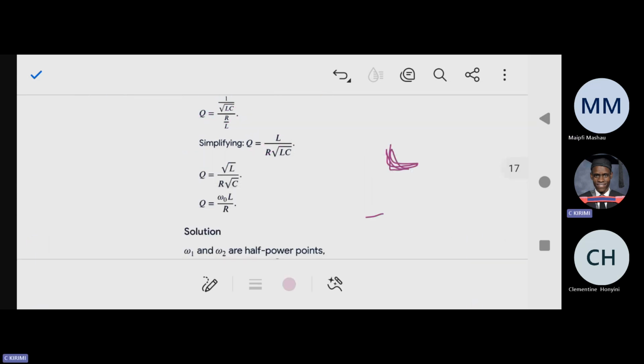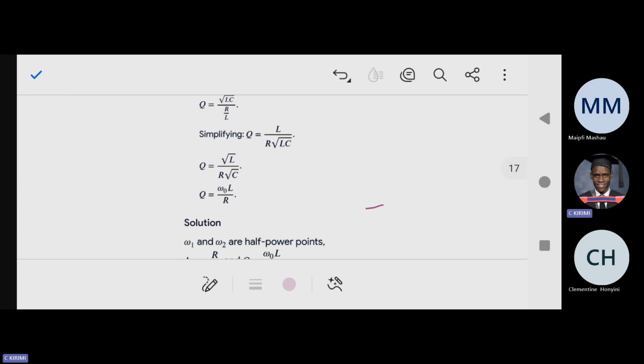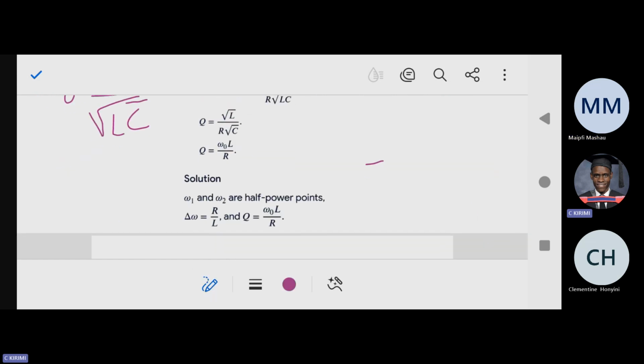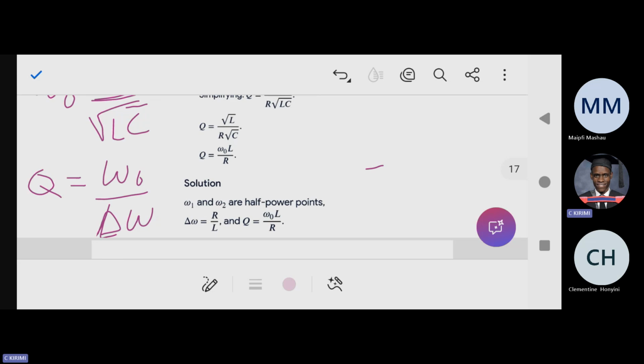They give you the omega, which you are already looking for. Like on this step, we know that omega naught is the same as 1 over root of LC. This is a formula that you must know. And also, this is a formula that you must know, which says Q is equal to W naught over change in W. So these are the 2 formulas which you are going to use.